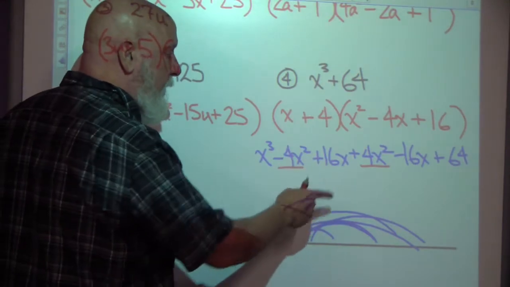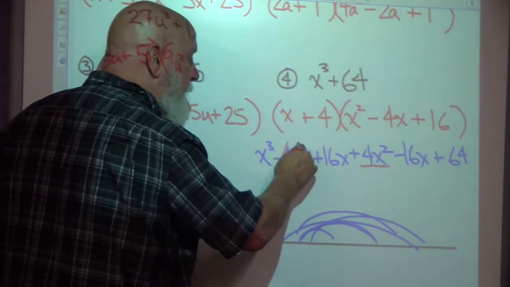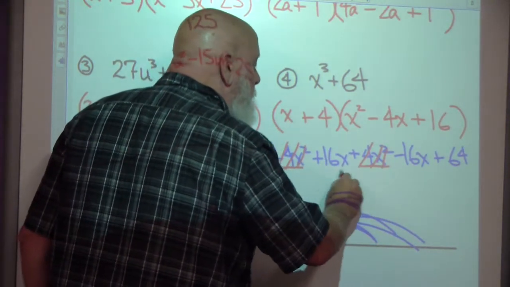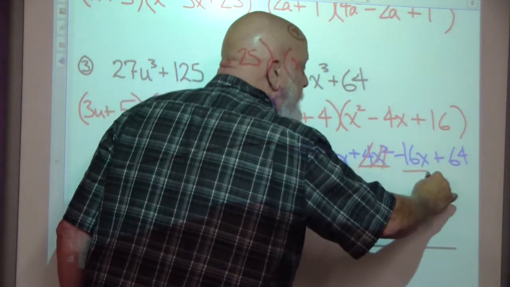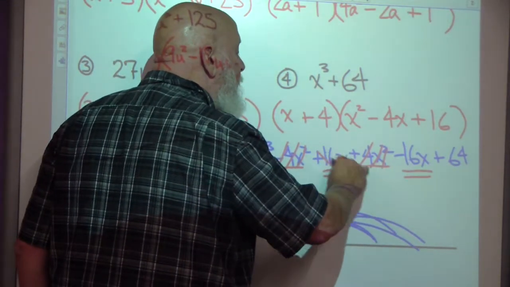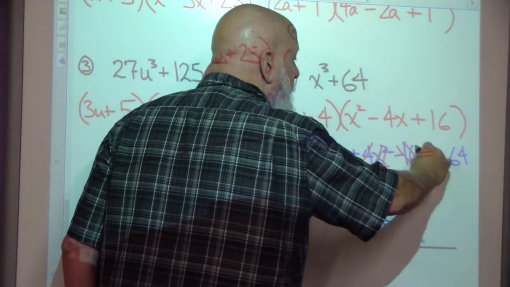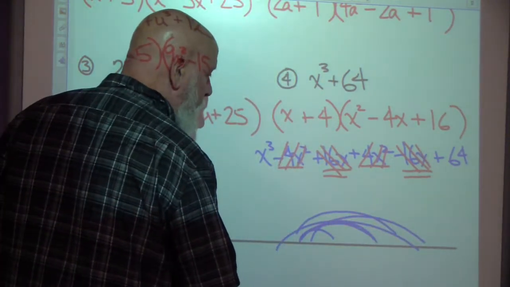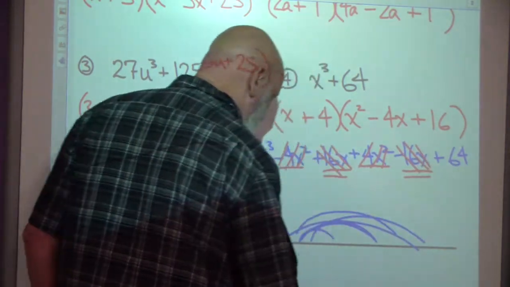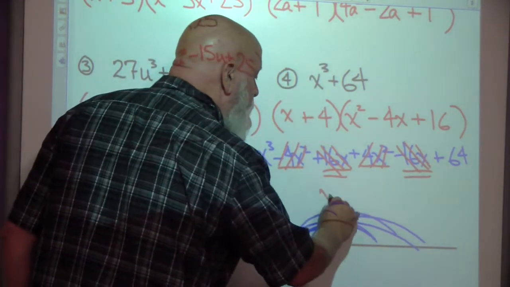That's a fancy 0. 4x squared minus 4x squared is 0. 16x minus 16x. I'm combining like terms. Well, 16x minus 16x is another 0. And so all I'm left with is positive x to the third plus 64, which is what I should have gotten.